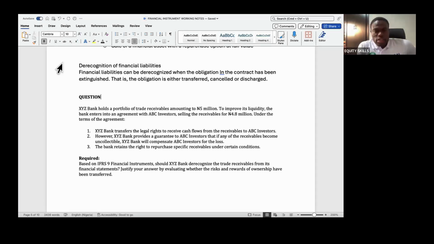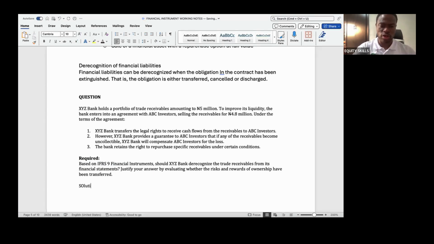Thank you. So if you look at the requirements of this question, we're told that based on IFRS 9 financial instruments, should XYZ Bank derecognize the trade receivables from its financial statements? Justify your answer by evaluating whether the risk and reward of ownership have been transferred.